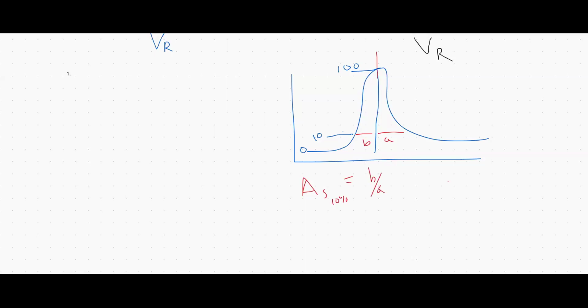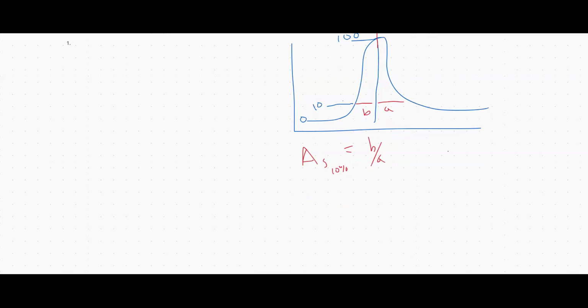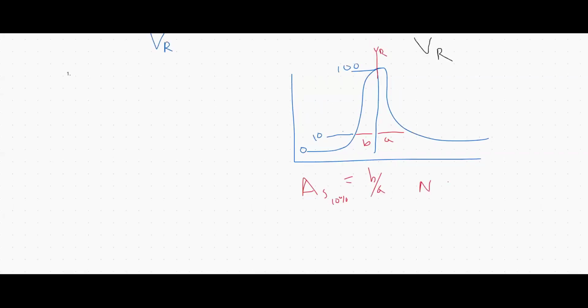We can call the middle of the peak here VR, or the retention volume, and then we can calculate the number of plates. This is just an empirical formula, which would be 5.54 times the retention volume over WH squared, where WH is, like if this is 50, the width at half the peak height.